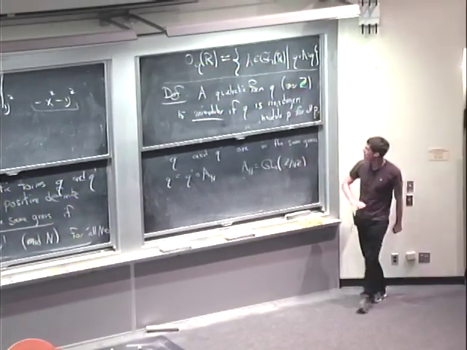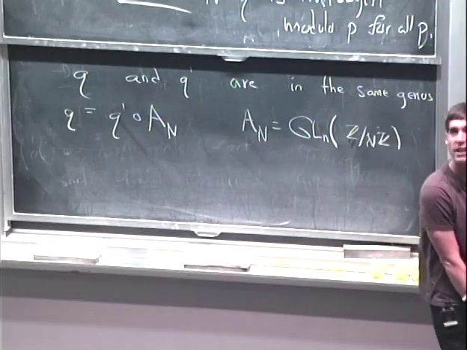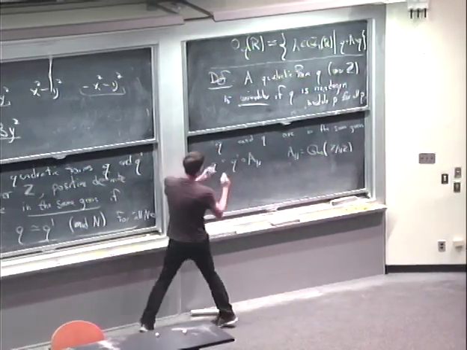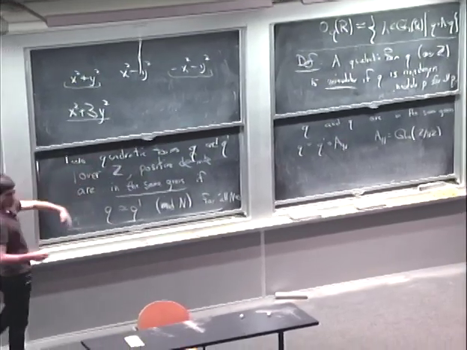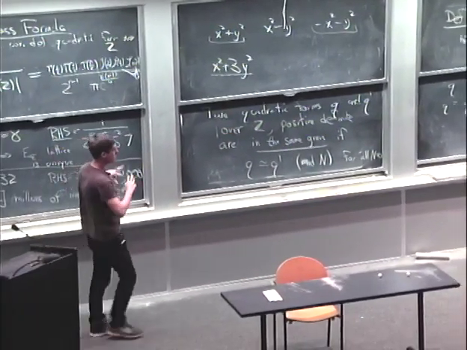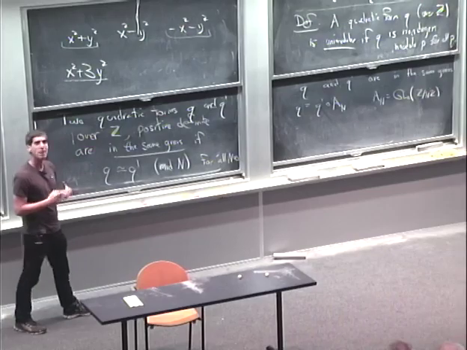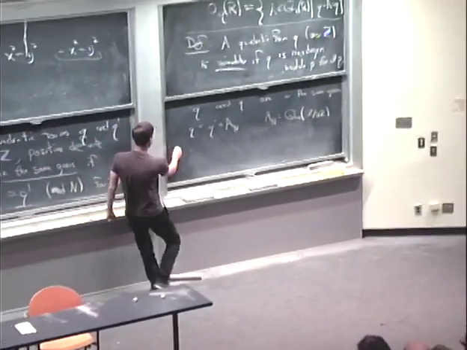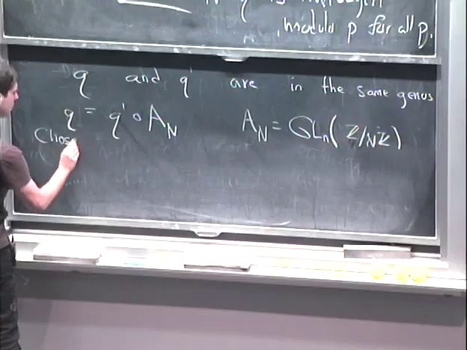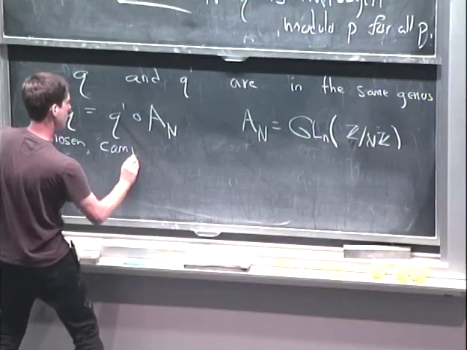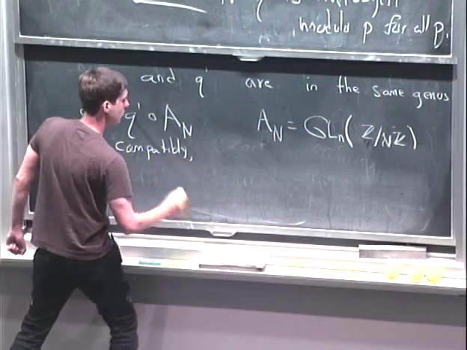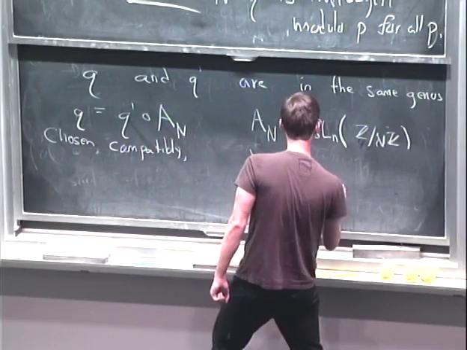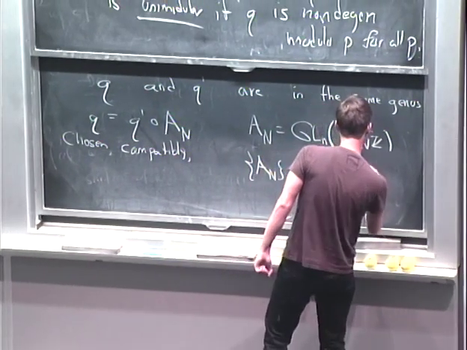And of course, there's only finitely many choices for what this matrix could be. And then a simple compactness argument will tell you that you can choose all of these A sub n's to be compatible with one another. That is, for example, A sub 2n reduces to A sub n when you reduce modulo n. So choose these compatibly. We can think of this collection of all these matrices A sub n as giving you an element in GL_n of the ring Z hat.